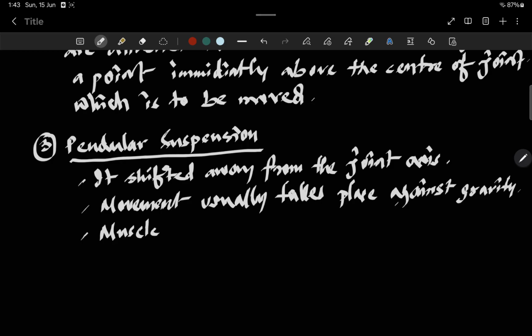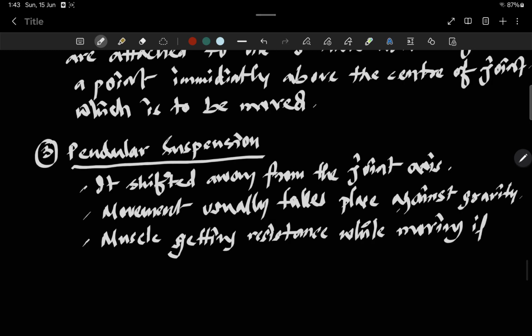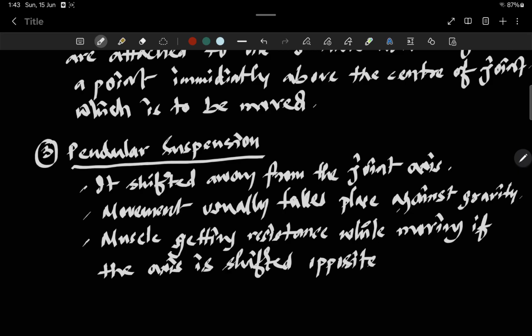Muscles getting resistance while moving, if the axis is shifted opposite to that movement.